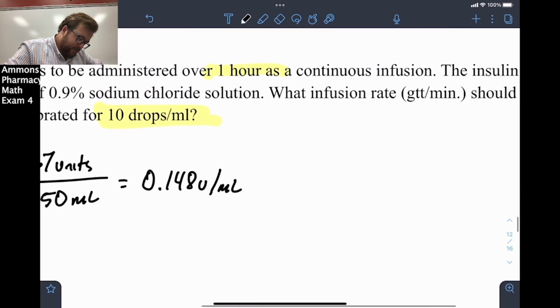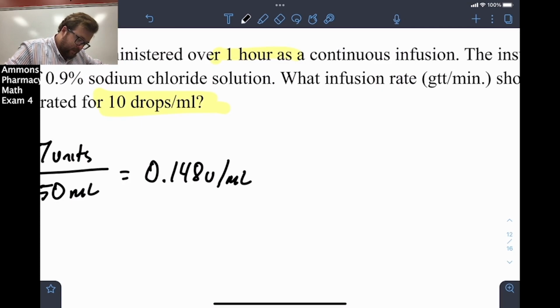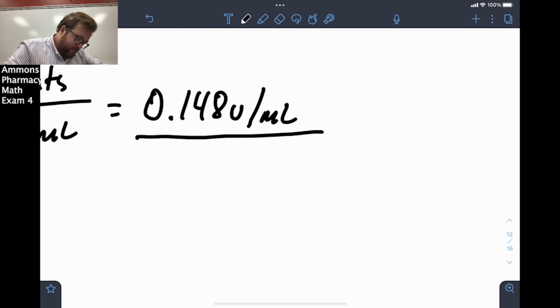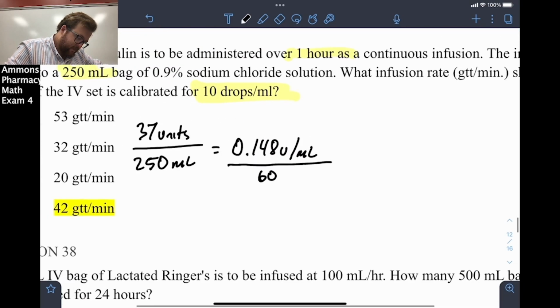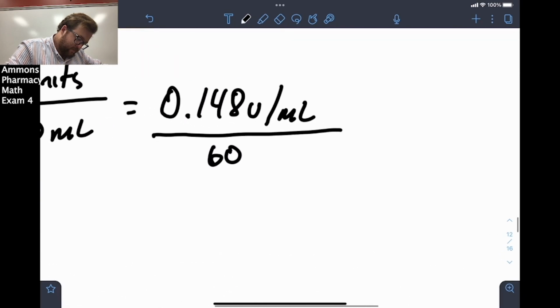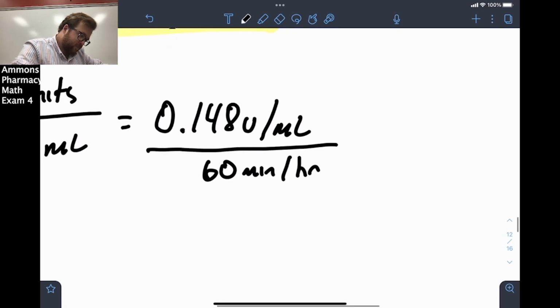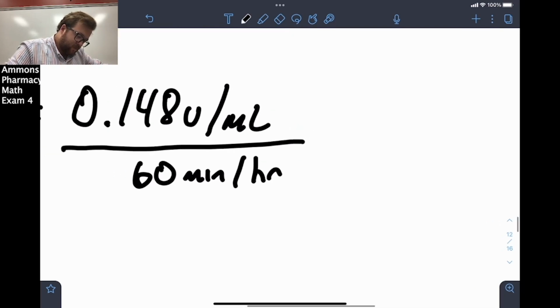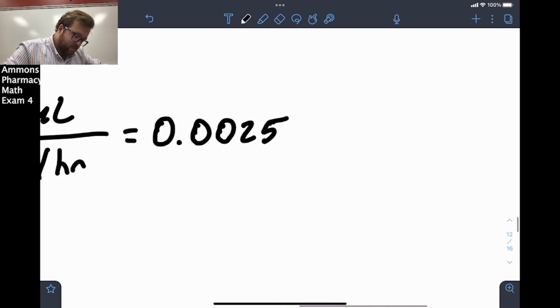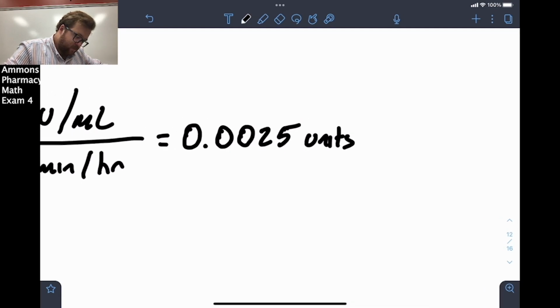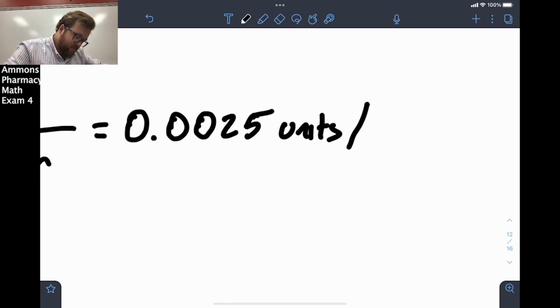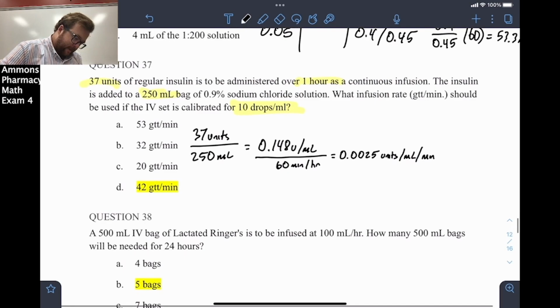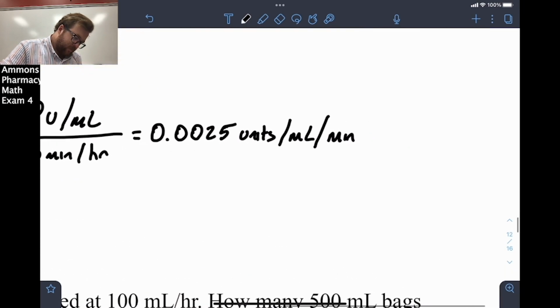So that is going to be 0.148 units per mil divided by 60. And then you'll just do times 10.